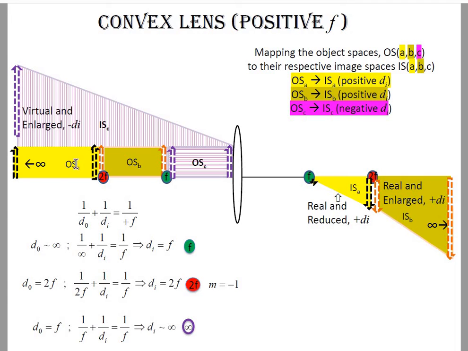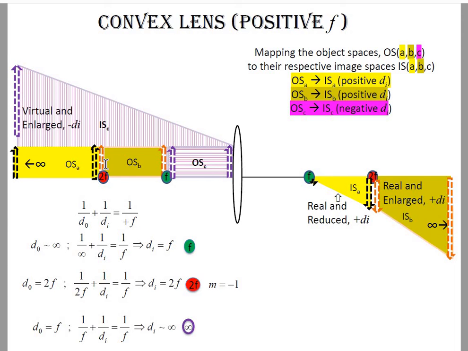As we move black arrow to black arrow, we map out this real and reduced image space. So DI is positive over here for a lens, the same as a mirror, except for a mirror that space was over here. So between infinity and 2F, we have real reduced images.